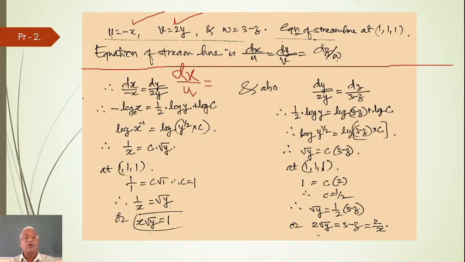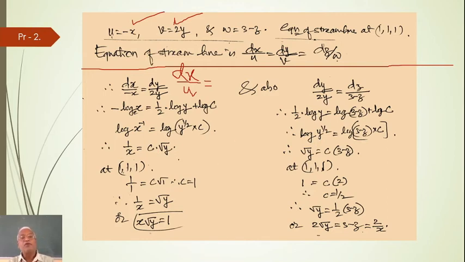Similarly, log y raised to half into c, because the log of this is equal to log of this plus log of this; that is the expanded version. Now on both sides you have log, so x raised to minus 1, which is 1 by x, is equal to c into y raised to half, or c into root y.